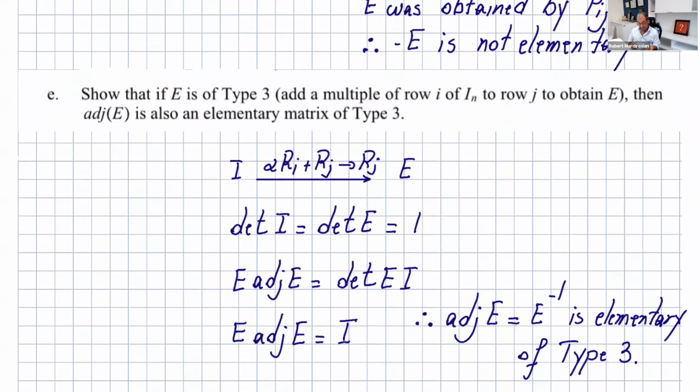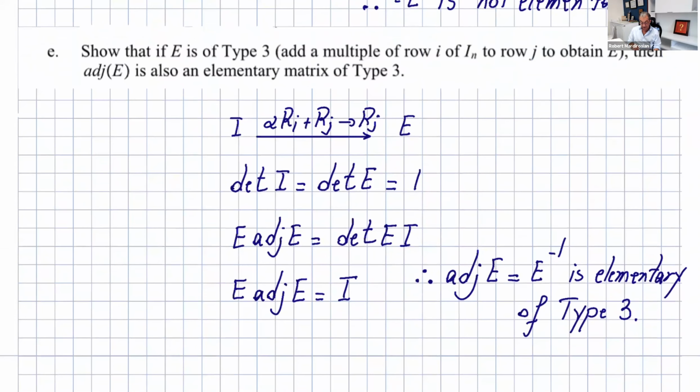So that's a fast way of proving this. You can do the same thing for part E. Part E says show that if E is type 3, adding a multiple of row i of In to row j to obtain E, then the adjoint of E is an elementary matrix of type 3. So we start with I. We do alpha times Ri plus Rj, which changes Rj, and you get that elementary matrix.